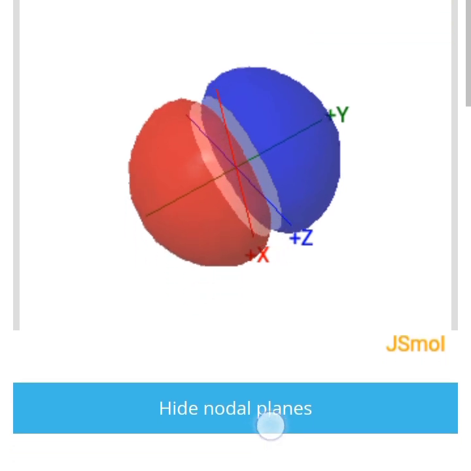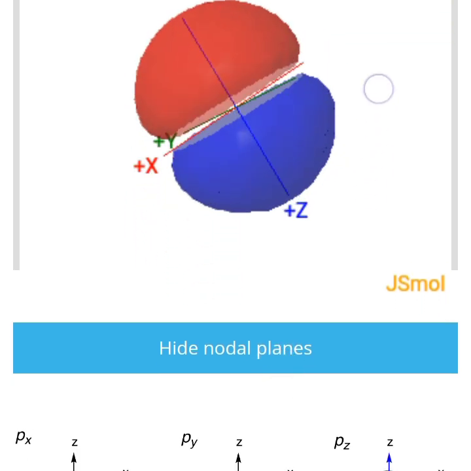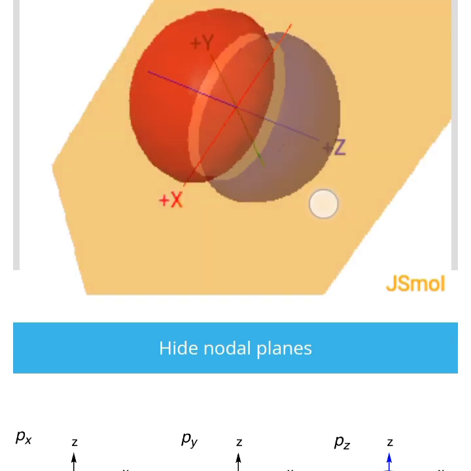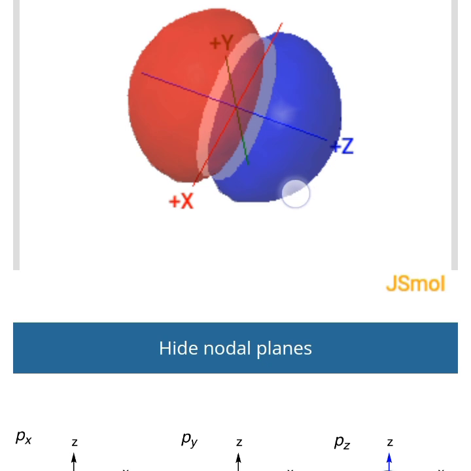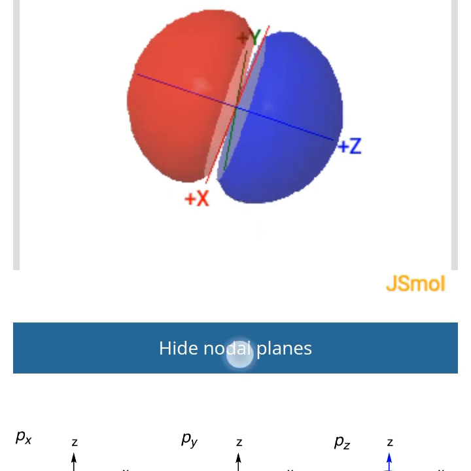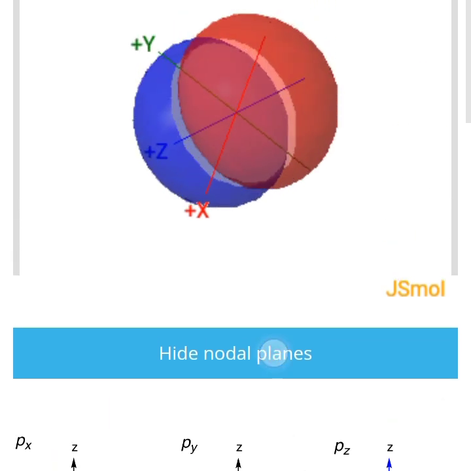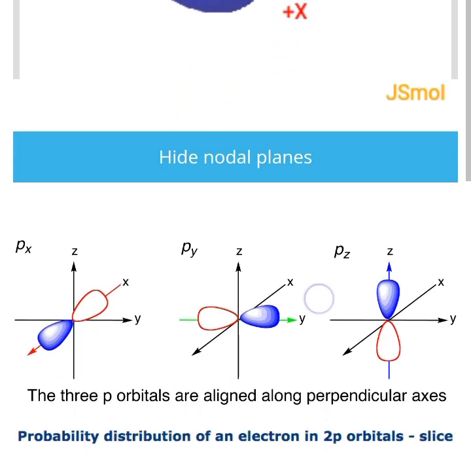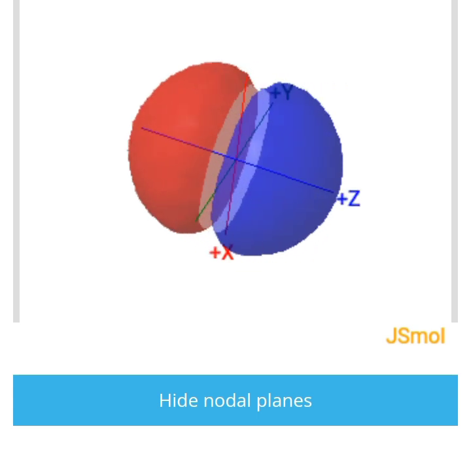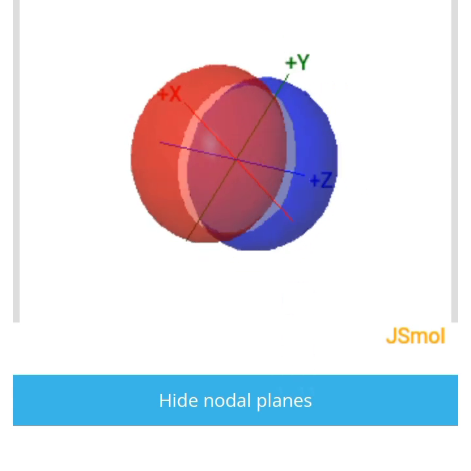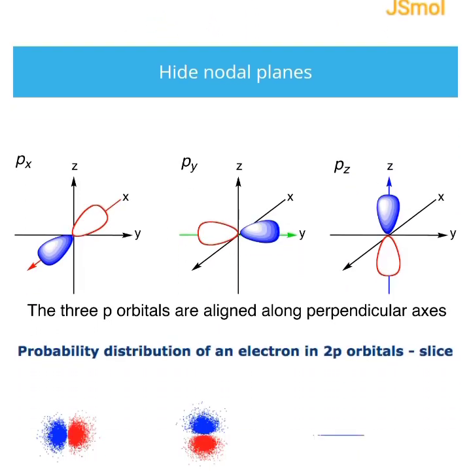Another type of orbital is the pz orbital.